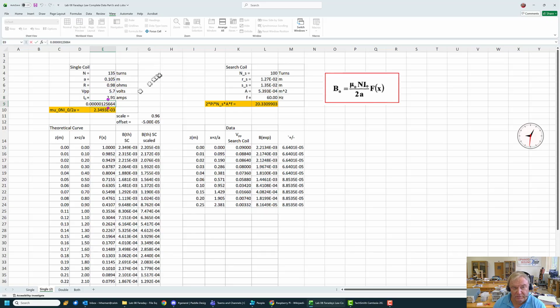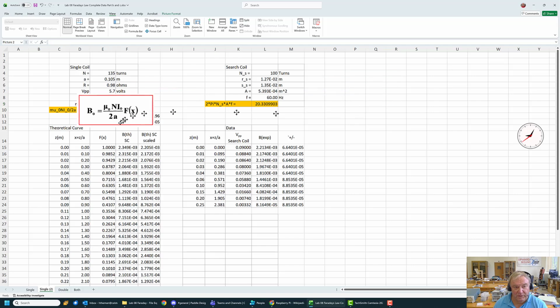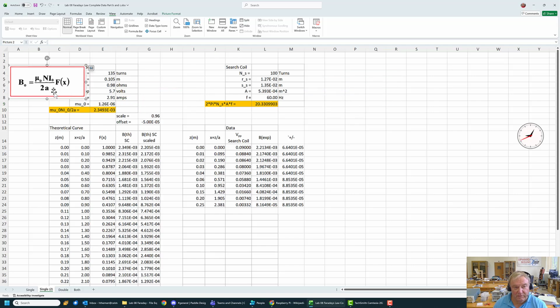This is simply something you look up, the permeability. Okay, so this is our fit function, and we've already set that up.